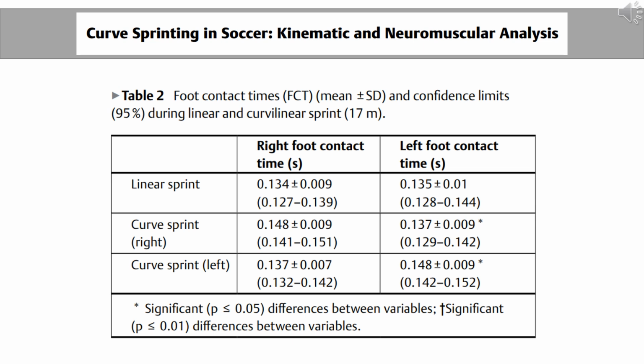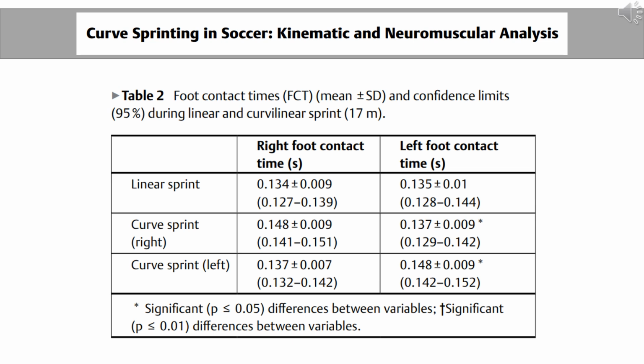This data is almost perfectly represented when we curve sprint to the left as well, noting that if I now change direction, my inside leg becomes my left foot, not my right foot, and you can see that this data mirrors exactly what happens to the inside leg in the opposite direction. And so too does the outside leg. We're getting almost identical data regardless of which direction we curve sprint in.